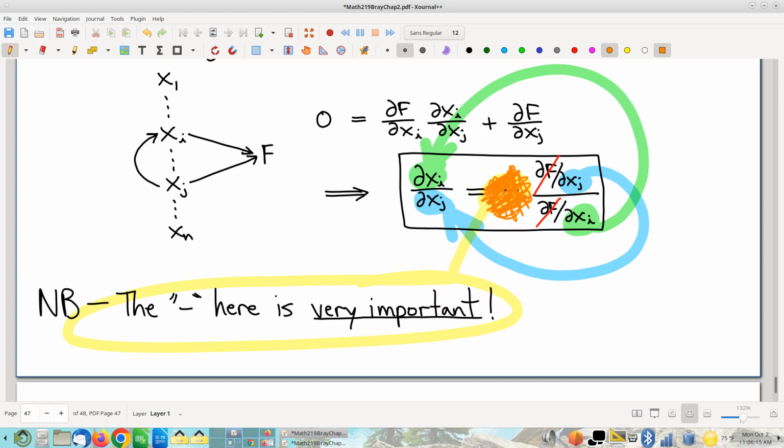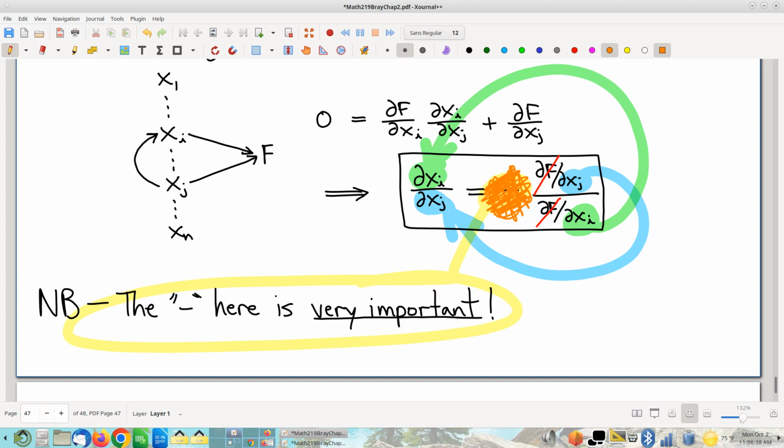So this is why I say this is a very delicate, this is a very dangerous formula to use, in the sense that you're one accidental minus sign away from writing down nonsense, like importantly bad nonsense, right? So don't forget that minus sign.